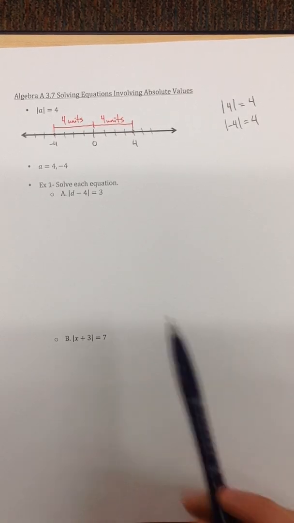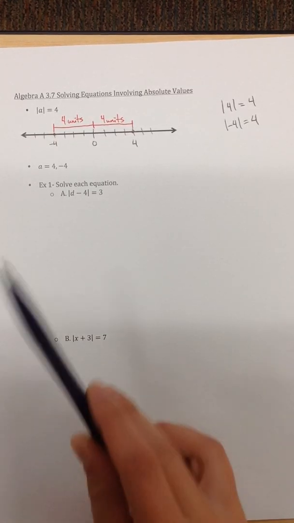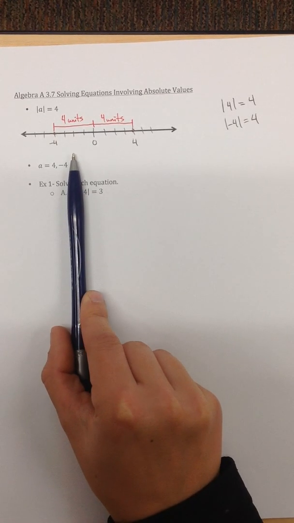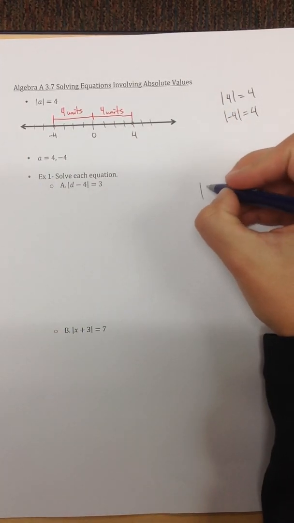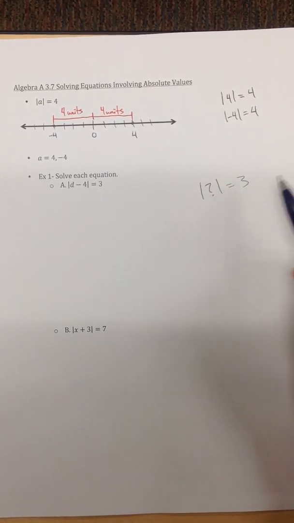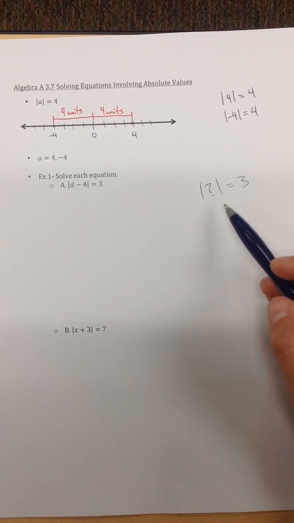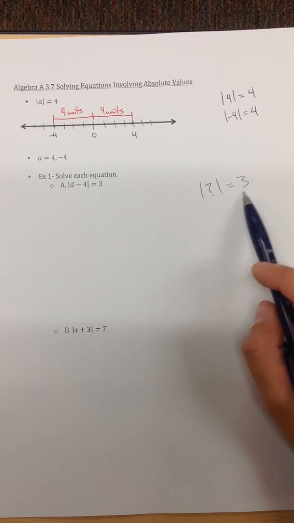Okay, so I've got the absolute value of d minus 4 is equal to 3. If I cover up the inside here, d minus 4, basically I'm thinking, okay, I've got an absolute value, I've got a question mark inside of there, and I kick out a 3. What two values could be inside of there that would kick out a 3?